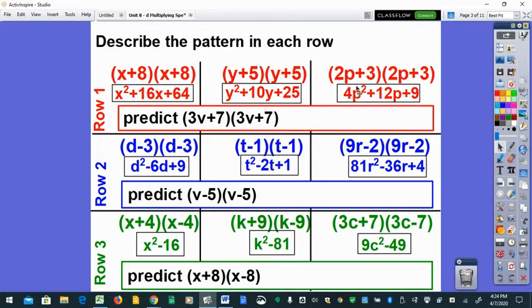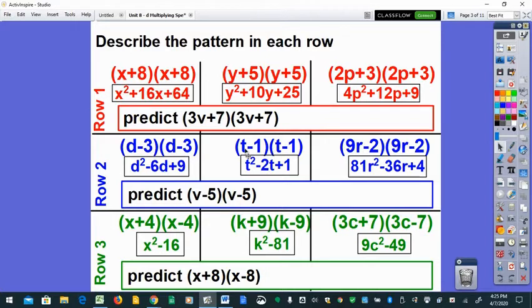2p times 2p is 4p squared. You're going to have 6p on the outer and another 6p on the inner. 2 times 6p is 12p, and 3 times 3 is 9. When we come down to the next one, d squared, you've got a minus 3d and a minus 3d. So 2 times negative 3d would be minus 6d, and a negative times a negative, negative 3 squared, would be positive 9.